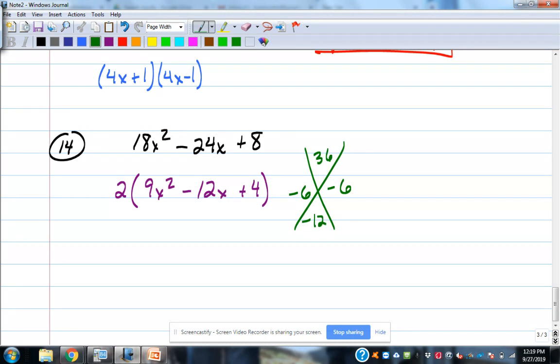Negative 6 plus negative 6 is negative 12. So that's the right two numbers. The 2 we started with, I'm just putting outside of a bracket there. And then I'm writing 9x squared minus 6x minus 6x plus 4, because I have to do some grouping now, since I couldn't take the shortcut because it had something other than 1 in front of x squared.